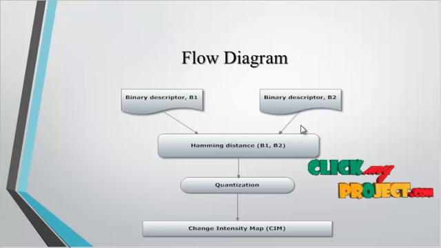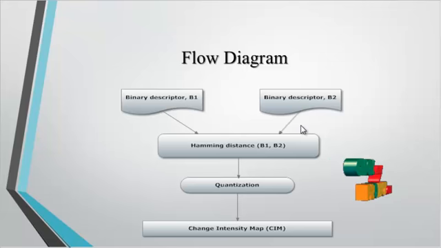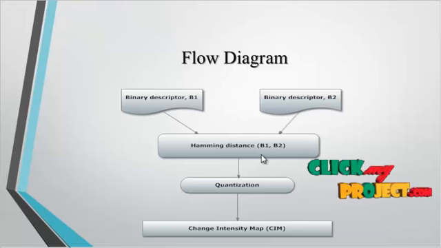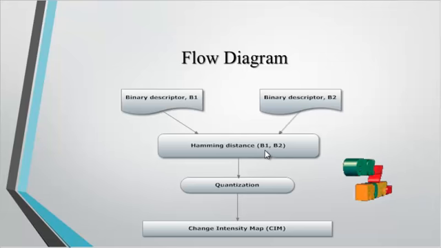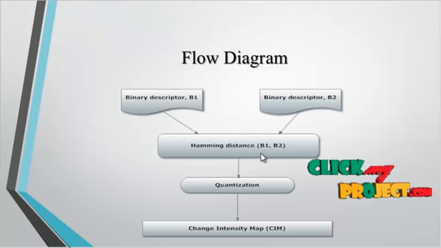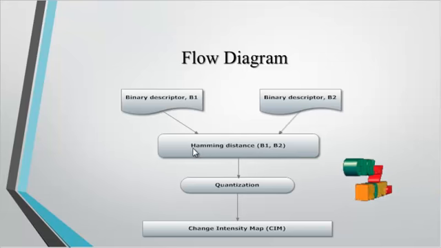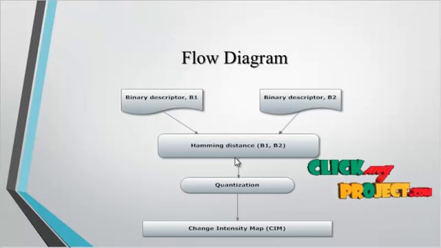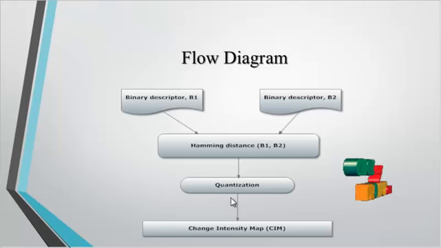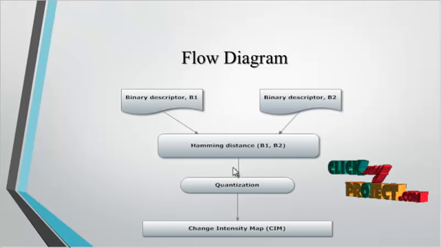After the binary descriptors are obtained from the input images, the Hamming distance is calculated between B1 and B2. B1 is binary descriptor 1 and B2 is binary descriptor 2. The distance between these two images is known as the Hamming distance. After applying the Hamming distance, quantization is applied to the Hamming distance image.